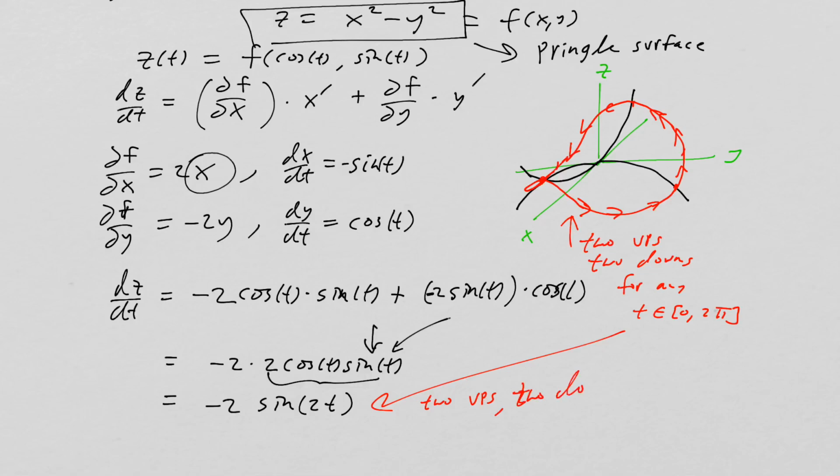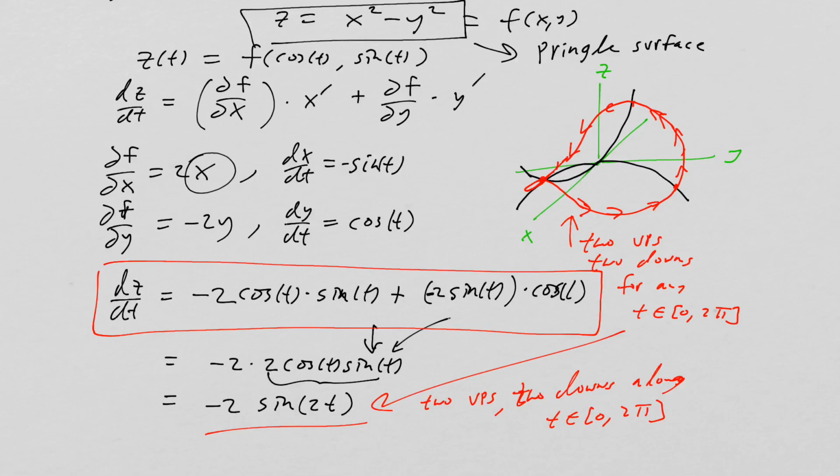So our formula for dz/dt does reflect the fact that on this Pringle shape you're climbing 2 mountains to 2 peaks, and you're also going down to 2 low points as you go around every 2 pi interval. I hope that gives you a good example of how you can use the multivariate chain rule to compute something like this. Thank you very much.